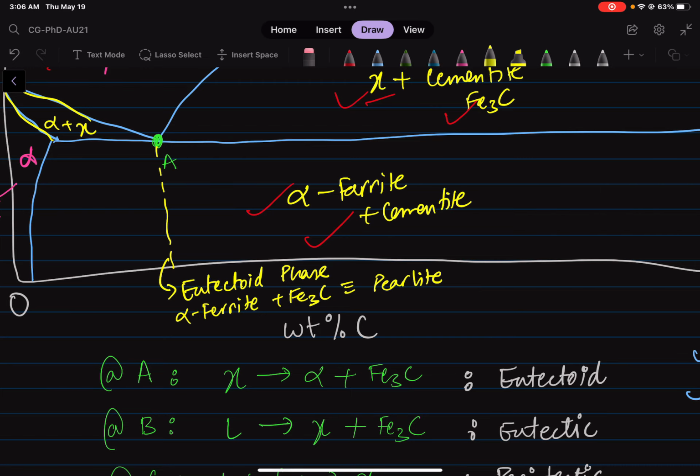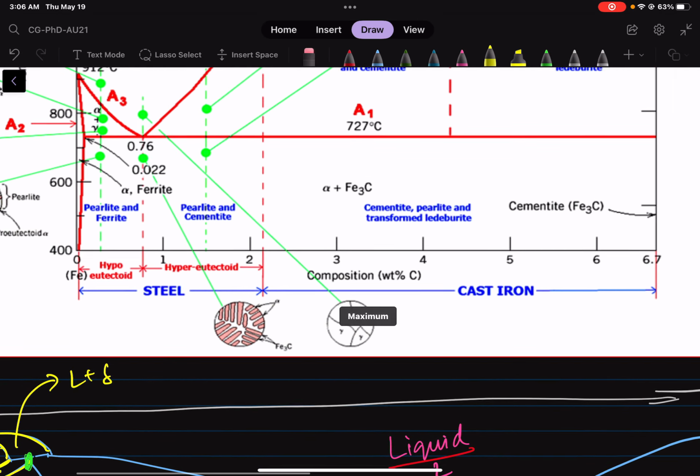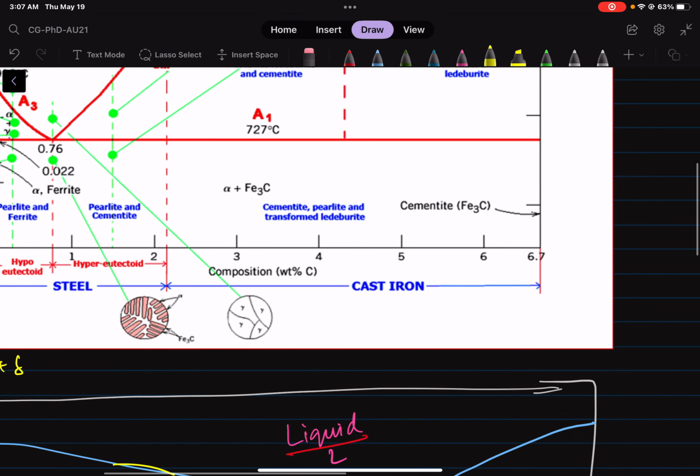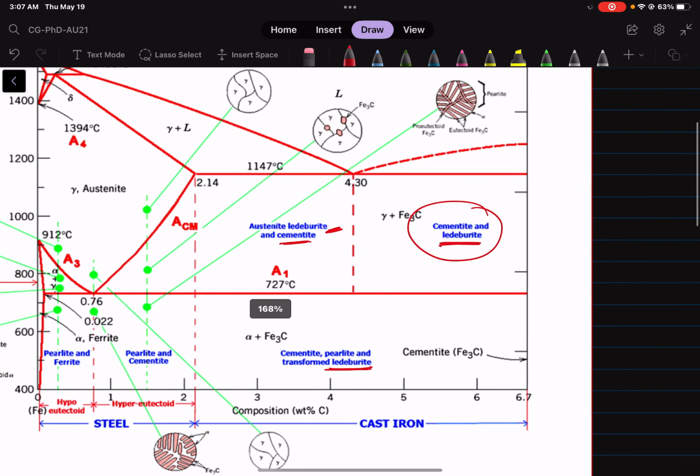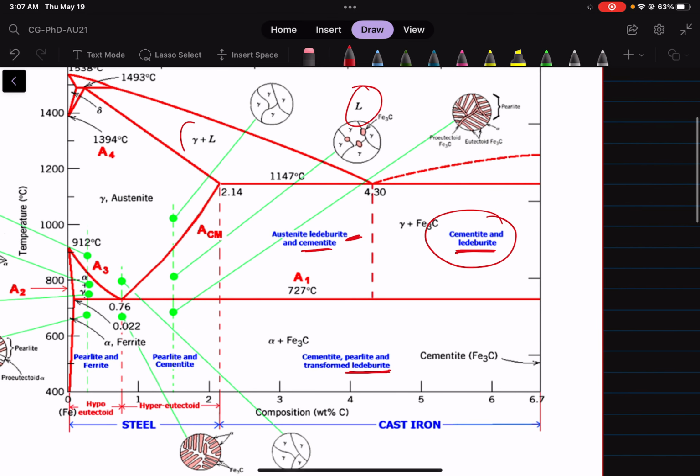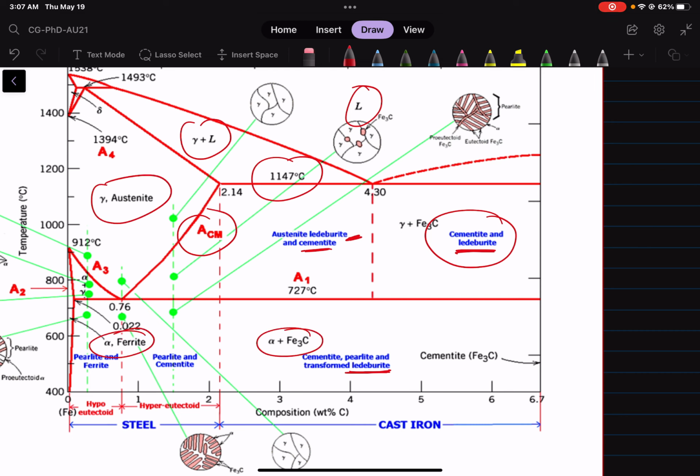So that is another name that you could remember. And then on this side you will have ledeburite present as well. So cementite and ledeburite. Yeah. So again, liquid, austenite, alpha ferrite, cementite, alpha ferrite plus cementite.